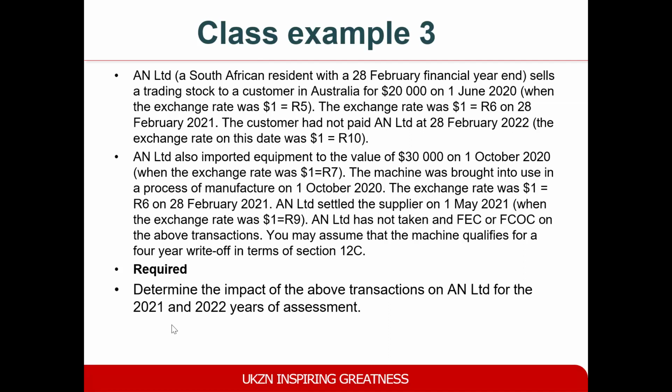All right. For transaction number 2, guys, as you can see, in this case we owe a person at year end, which is 28 February 2021. What happens?